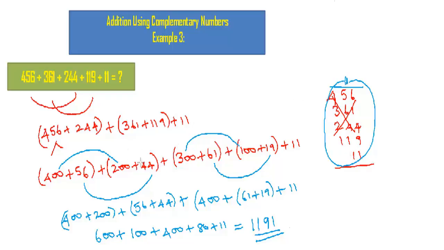However, over here it's highly unlikely, because what you are doing is just splitting up numbers, breaking them into simple terms, and then adding them up with whichever number you want, and getting the sum as easily as possible. Once you start practicing this, you can do it in your head itself. You don't need a pen and paper to do the addition of these numbers. That's the advantage of using the complementary numbers technique.